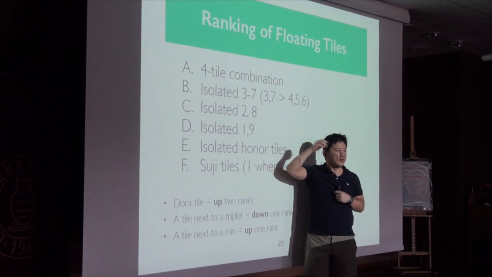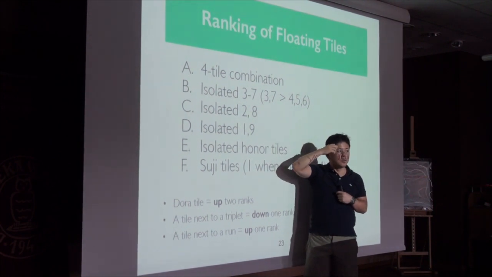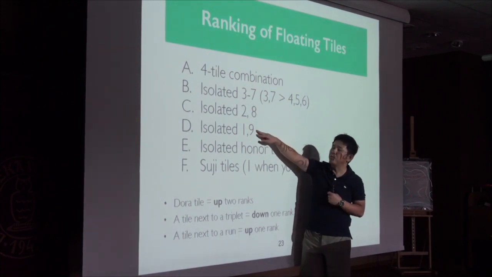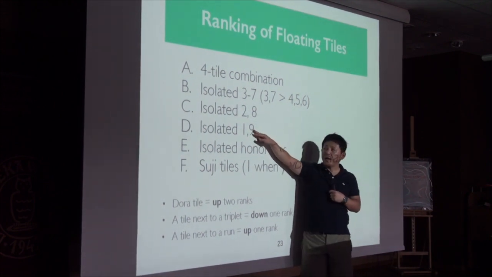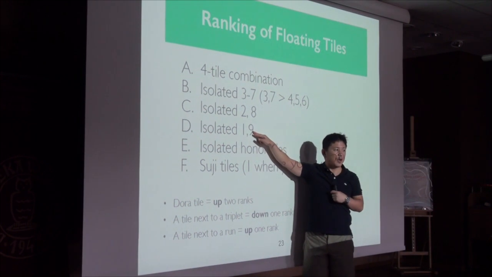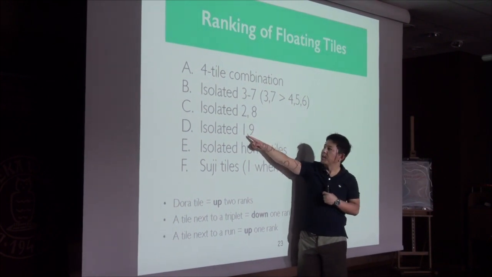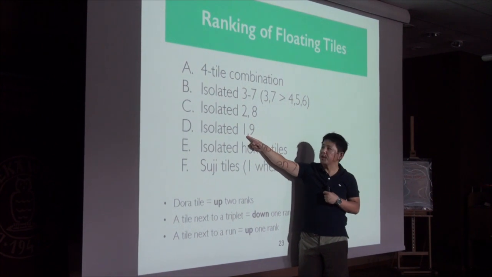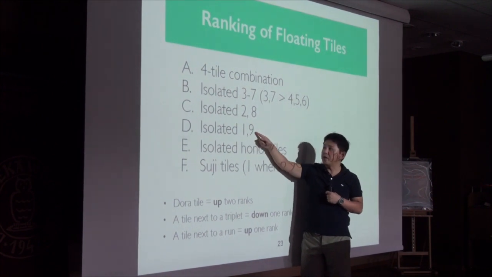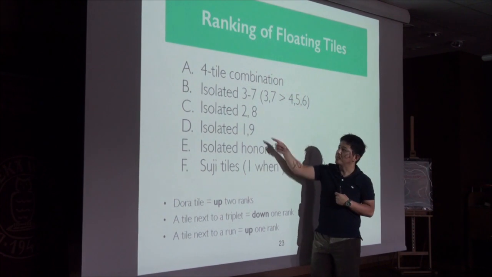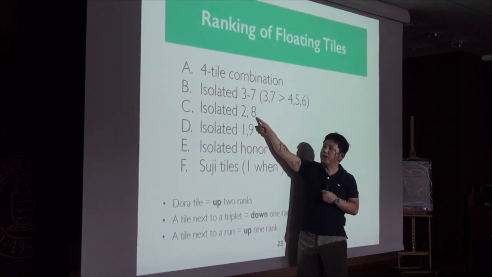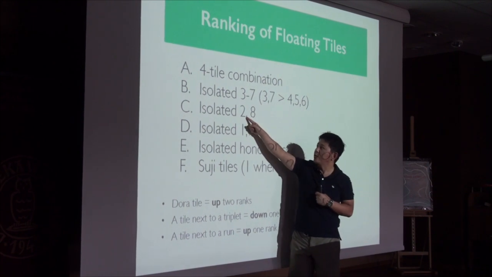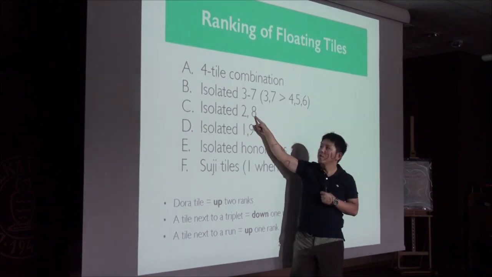Because we wait for much more tiles to make a good block out of it. That's right. So 1 and 9 will never become side weight proton, right? If it can become a pair, it can become edge weight block, it can become closed weight block, but it will never become side weight proton. Whereas 2 and 8 can become side weight proton if we draw 3 or if we draw 7, right?